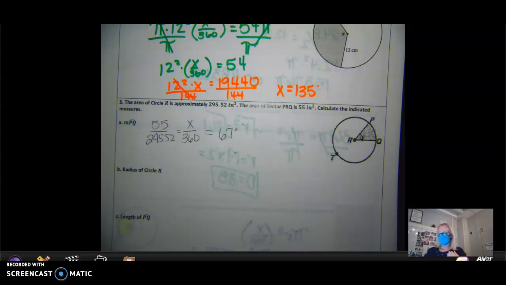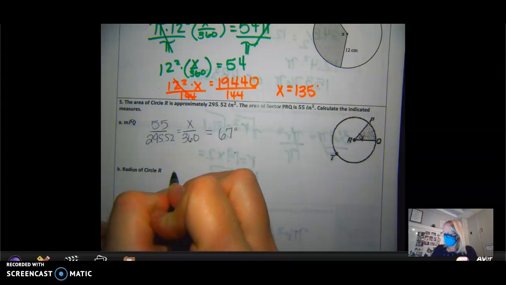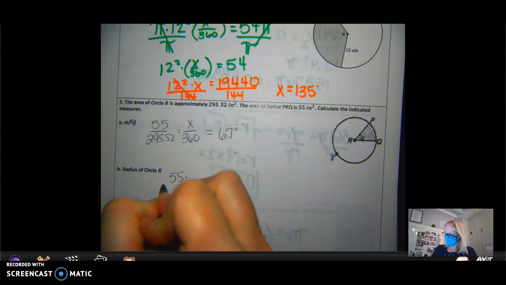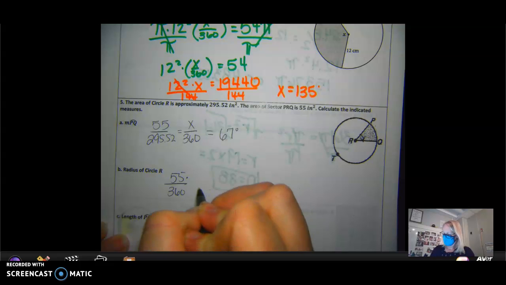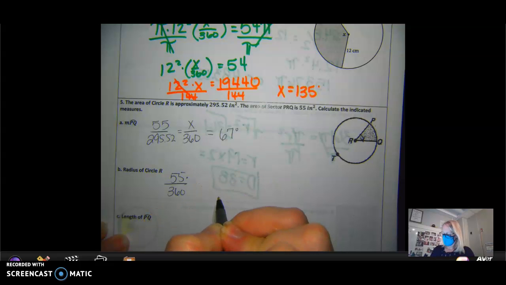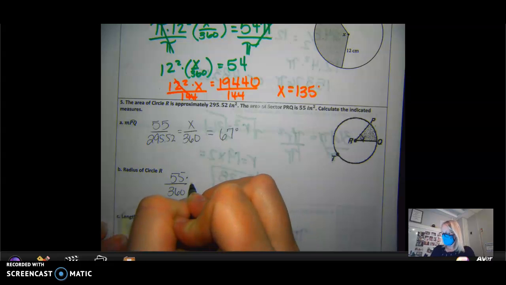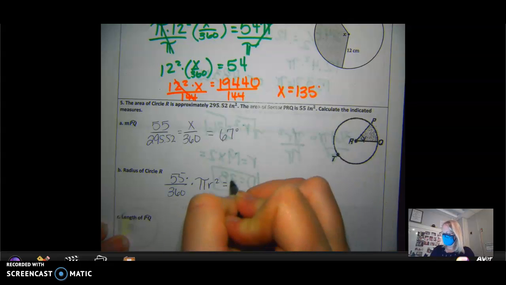Knowing that, we can now work backwards and find the radius, right? So what do we know? We know 55 over 360 times pi r squared equals how much? 67 degrees?